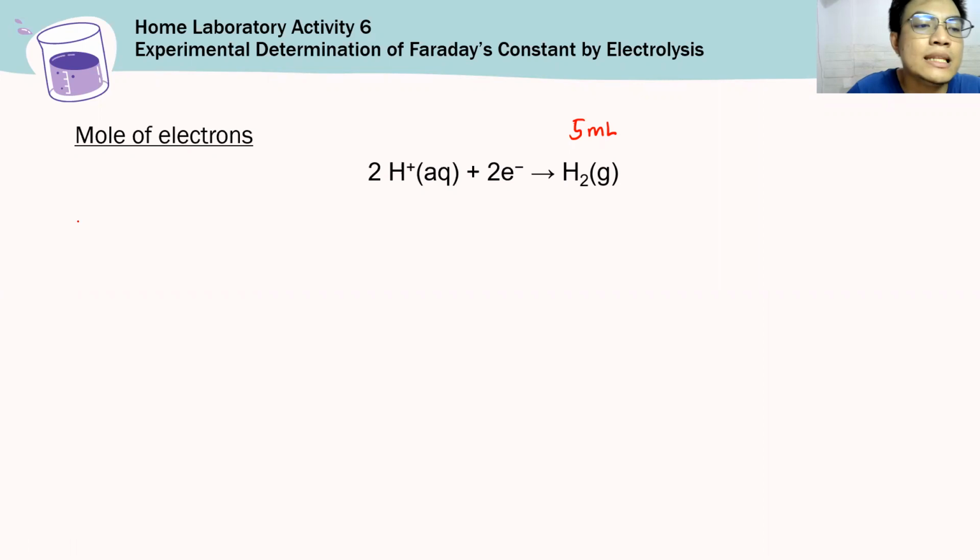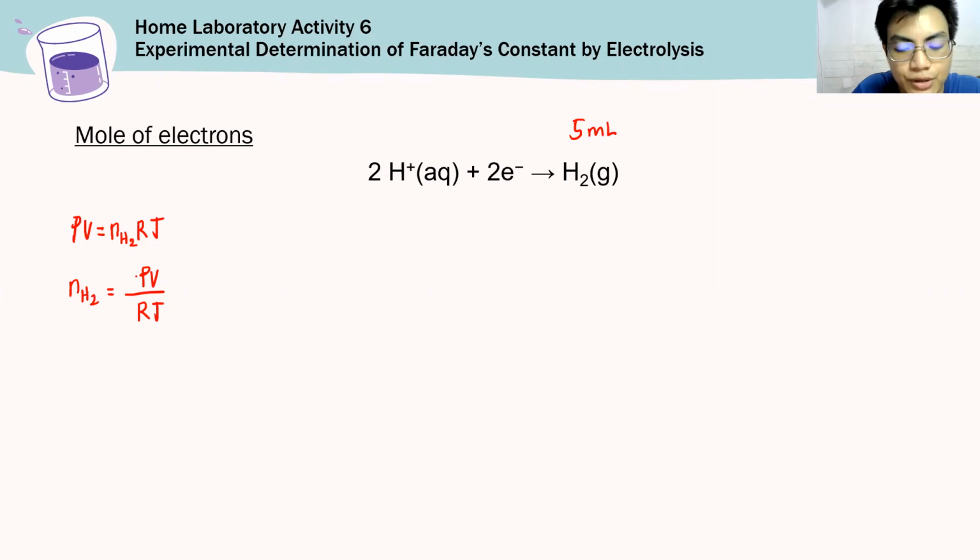So let's use the ideal gas equation. That's PV equals nRT, wherein the n here will be the mole of hydrogen gas. So to solve for the mole of hydrogen gas, we can cross multiply the pressure and the volume and the R and the T, giving us PV over RT.